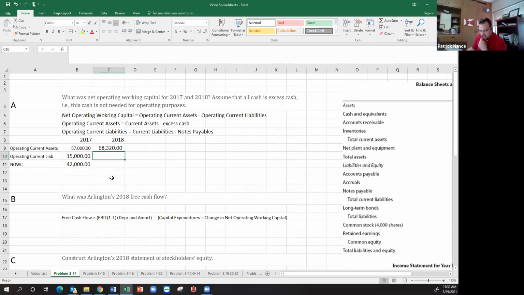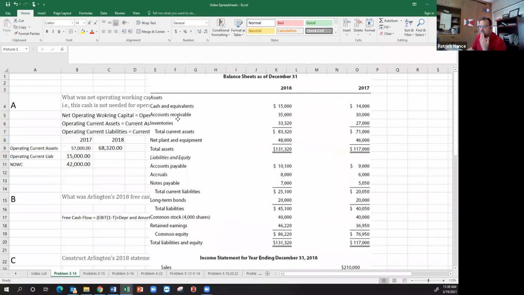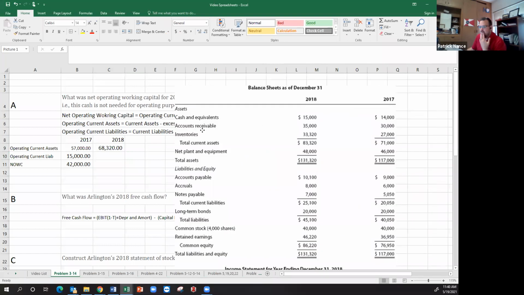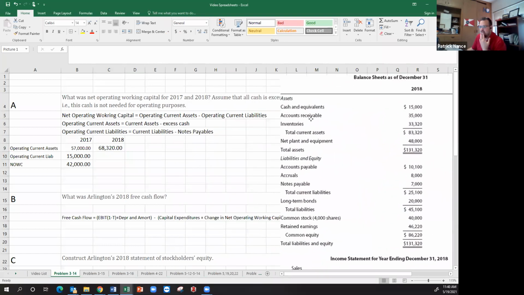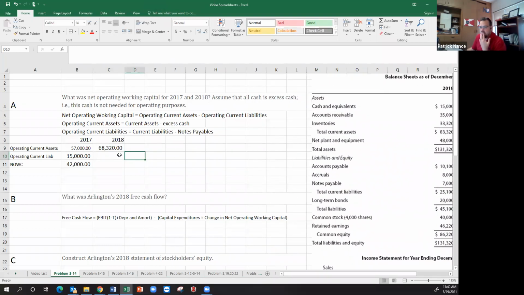My operating current liabilities, I've got as 25,100, and my notes payable 7,000. So 18,100, and then I subtract one from the other, like I did before, to get my working capital, which is now 50,220 for 2018. So it's gone up. That's a good thing.